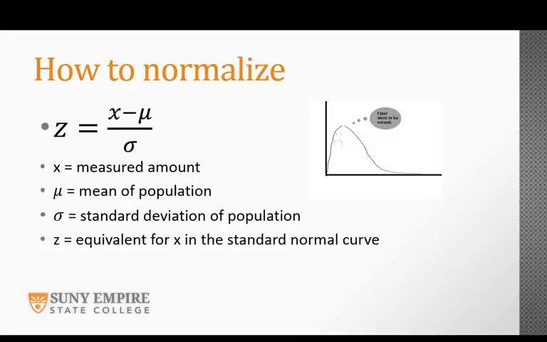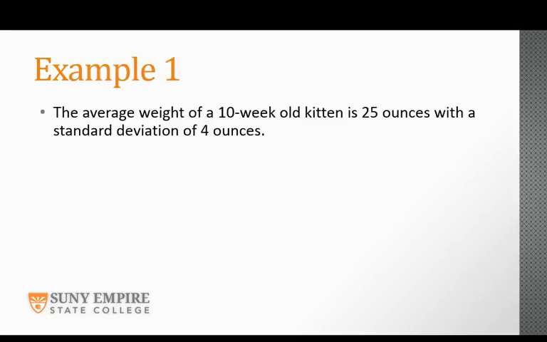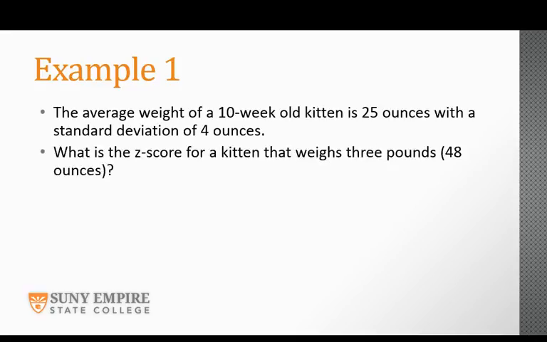Let's see some examples. For example, suppose we have the kitten example from the previous resource. The average weight of a 10-week-old kitten is 25 ounces, with a standard deviation of 4 ounces. What is the z-score if a 10-week-old kitten weighs 3 pounds, or 48 ounces?